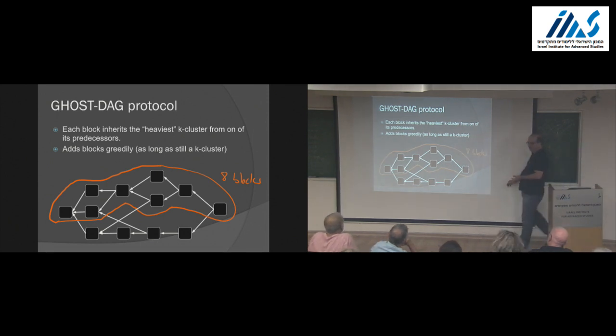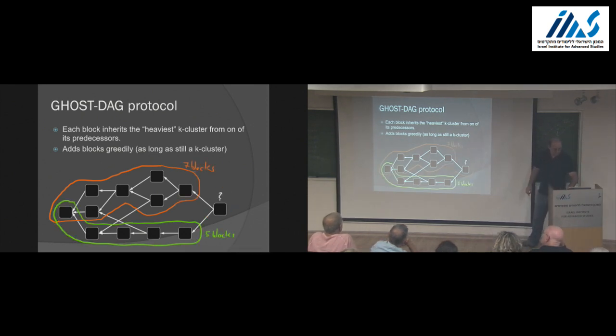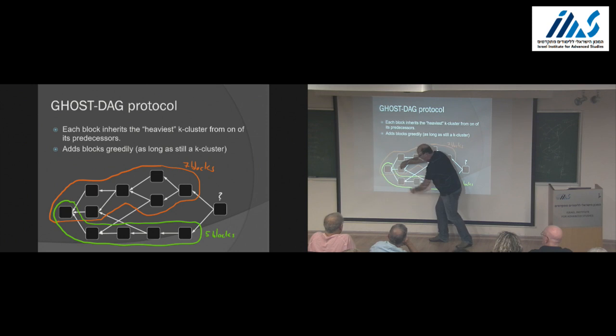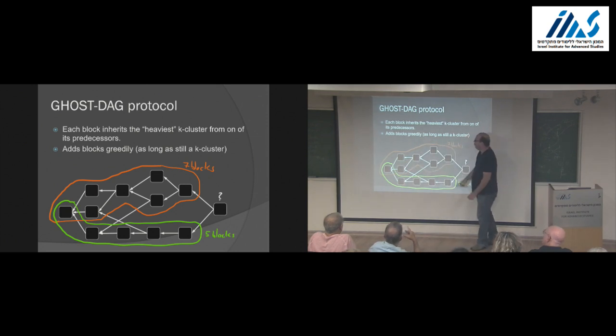So this ends up, sorry? Bring it back here. Why could this not have the other one include this one too? If you include it here, it would have an anticone of 2. It points here and is pointed to by this. So these two are in its anticone. It's a one cluster.